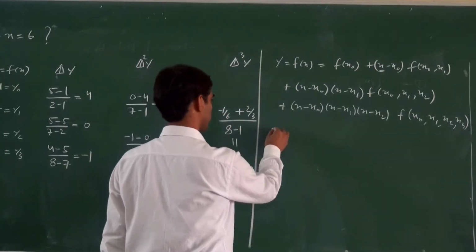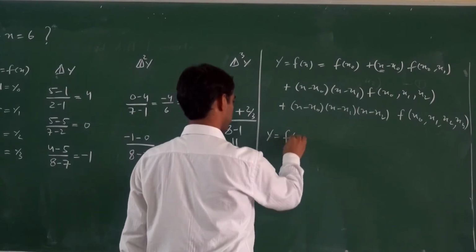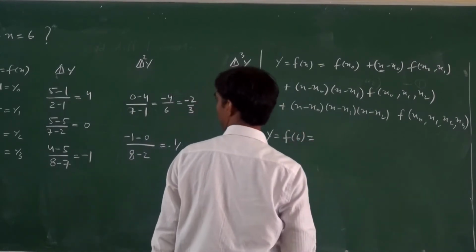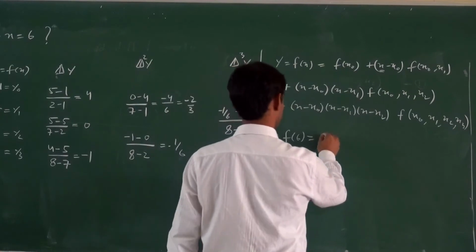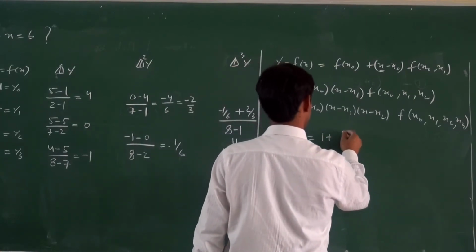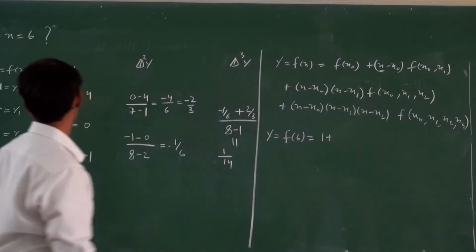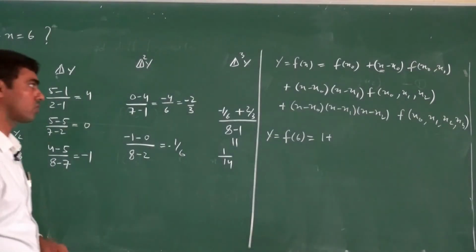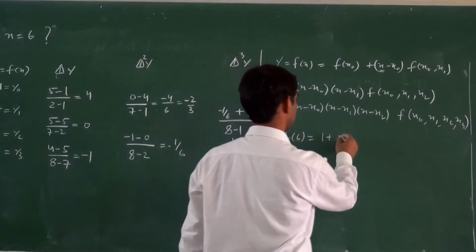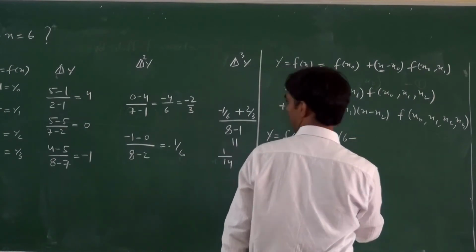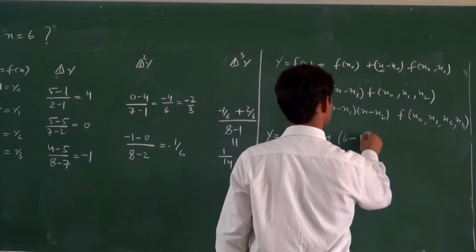So f of 6 equals f of x0, which is 1, plus 6 minus x0, where x0 is 1.